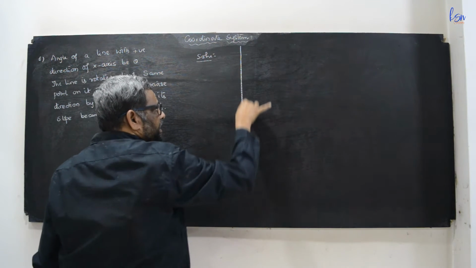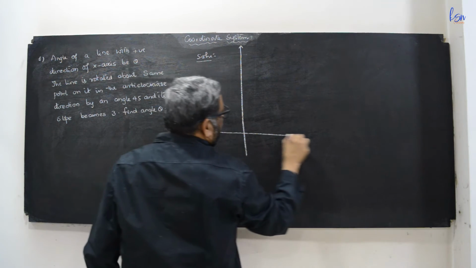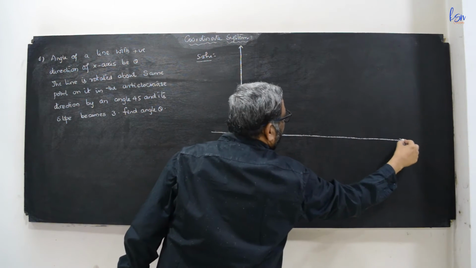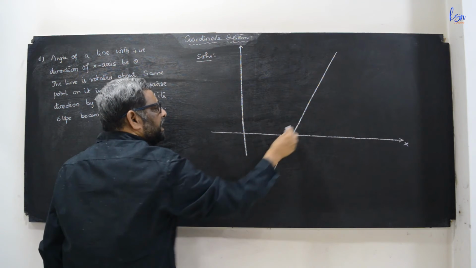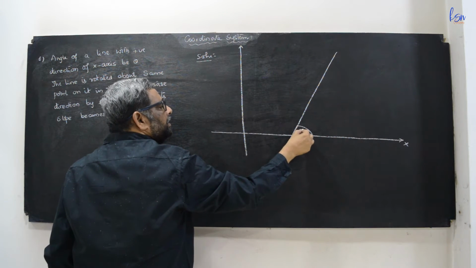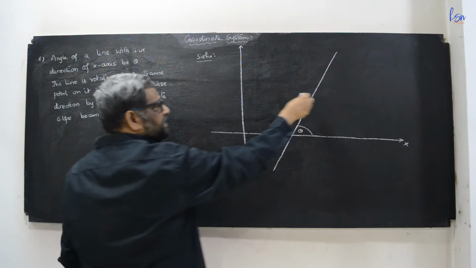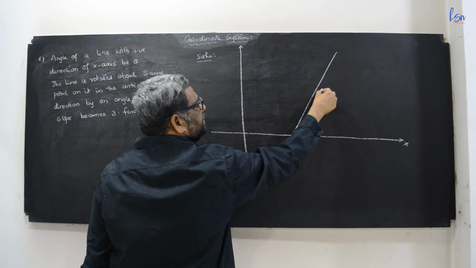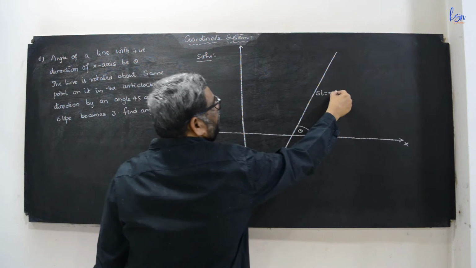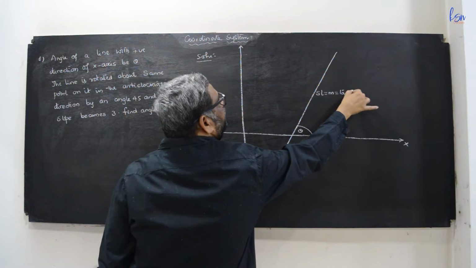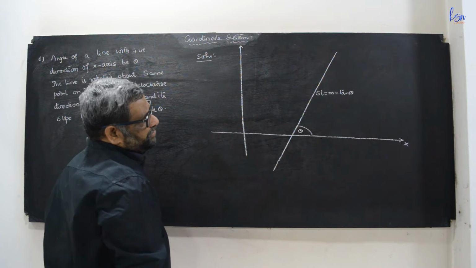Let us take the diagram, a coordinate plane. Let us consider a straight line making an angle theta with the positive direction of the x-axis. Suppose its slope is m, which is equal to tan theta, because the line makes an angle theta with the positive direction.